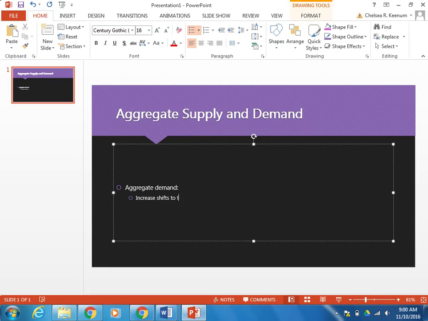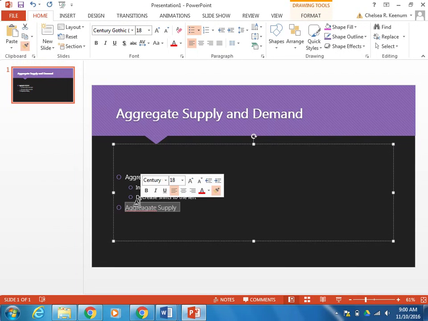Increase shifts to the right. Decrease shifts to the left. And I hate when they do this. Aggregates. That's not spelled correctly, but you know what I mean. Aggregate supply. I need this to be out here. There we go.